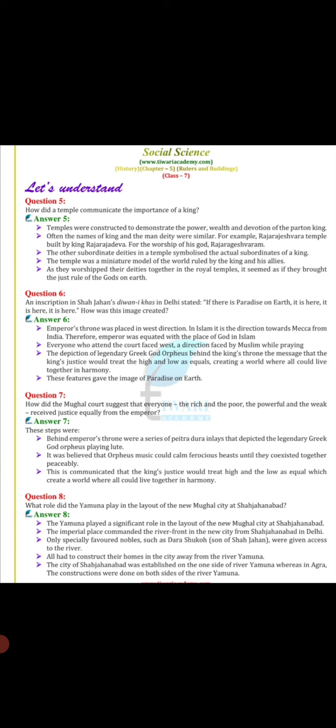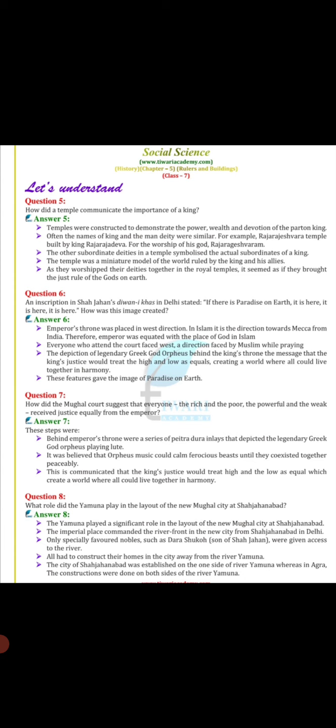Emperor's throne was placed in the west direction. In Islam, it is the direction towards Mecca from India. Therefore, emperor was equated with the place of God in Islam. Everyone who attended the court faced west, a direction faced by Muslims while praying.